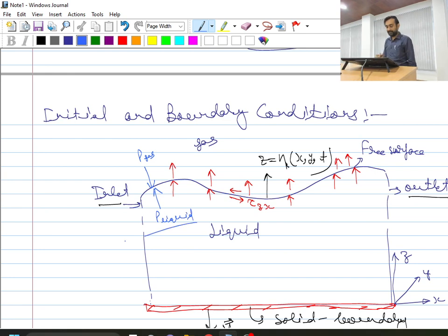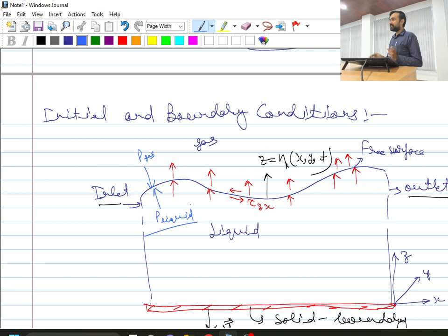And then we have this curved surface also. At the curved surface, if we consider the surface tension, then there will be some interfacial tension force also. Is this point clear? This is a two-dimensional surface.